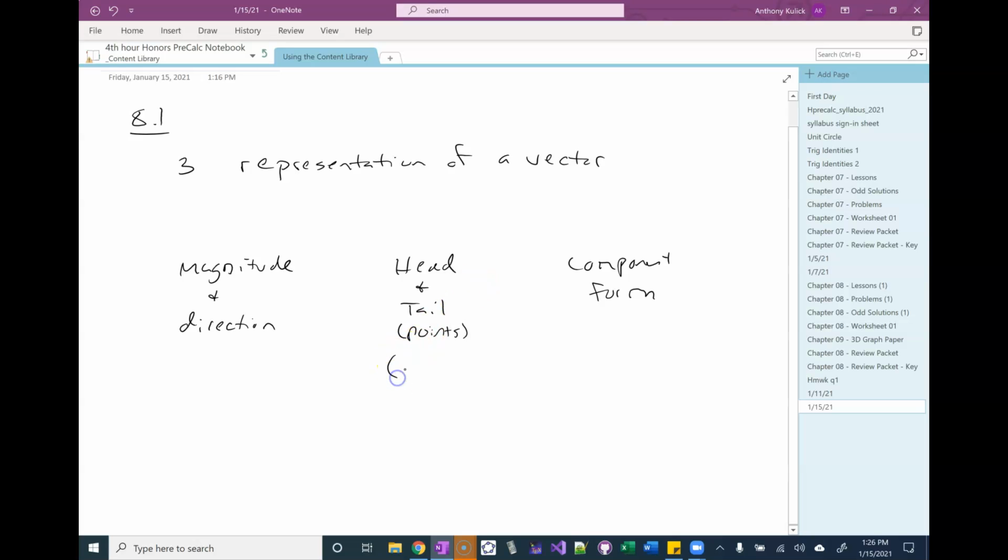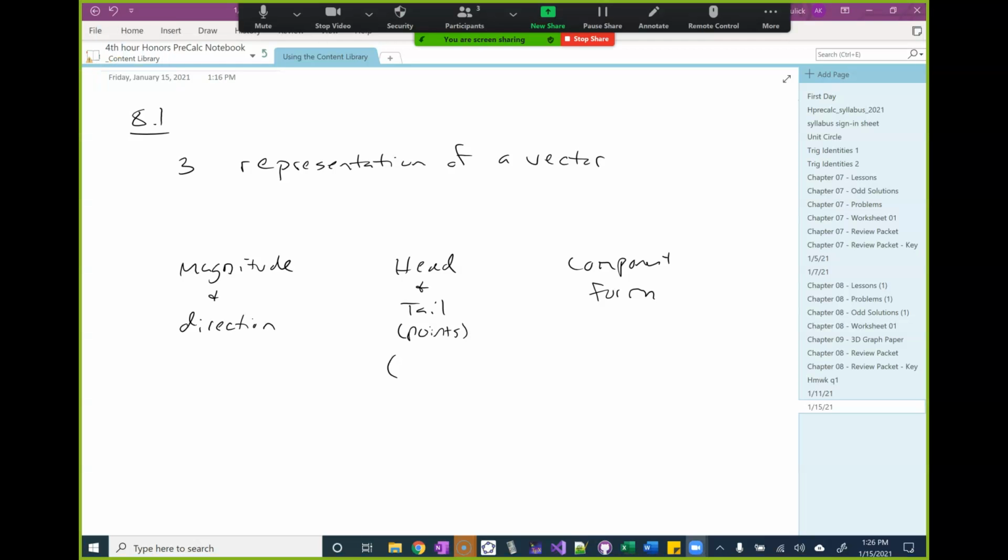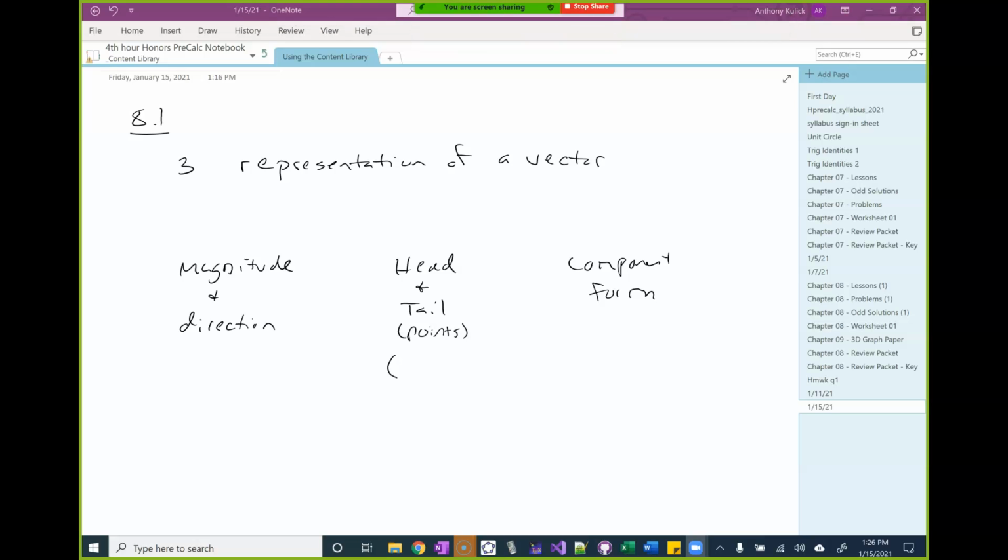So for your head and tail, you'd be given a coordinate pair where you have a coordinate for the head and a coordinate for the tail.